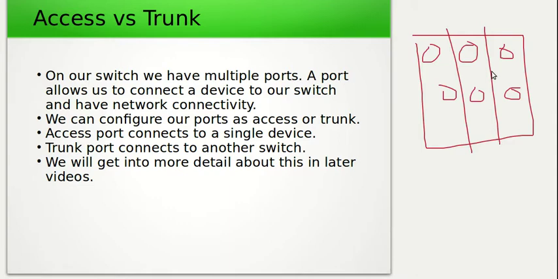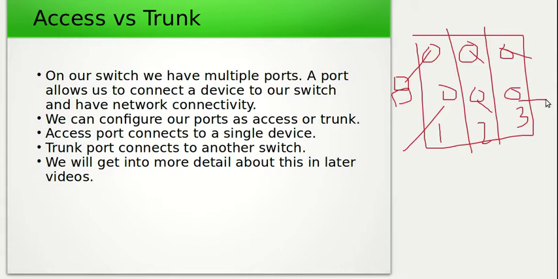So in this case, if these two ports were in VLAN 1, these two ports were in VLAN 2, and these two ports were in VLAN 3, then if a broadcast message was sent by a device in VLAN 1, that broadcast message would only be sent out this port. It wouldn't be sent out these other ports, because they reside in different VLANs and therefore are in different broadcast domains.